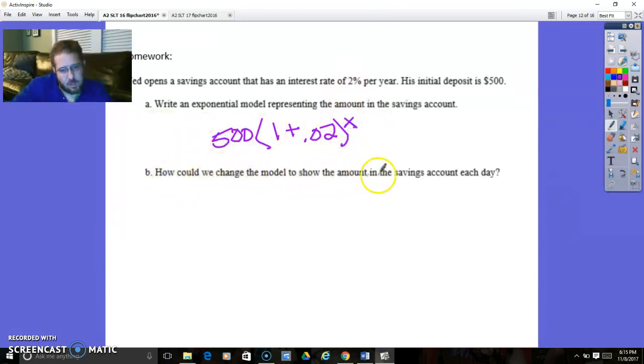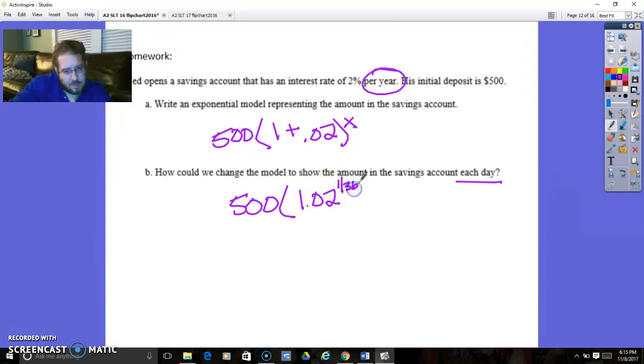How can we change the model to show the amount of savings each day? If this model represents per year and we want to change it to per day, there's 365 days per year. So 2% growth is going to decrease significantly. So that's 500 times 1.02 to the 1/365th. That's going to give us a really small decimal, to the 365x, since there are 365 times per year.